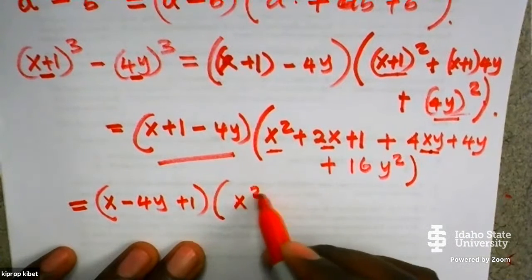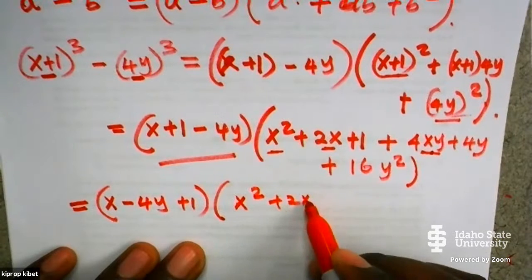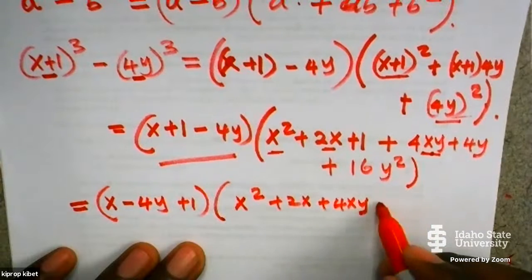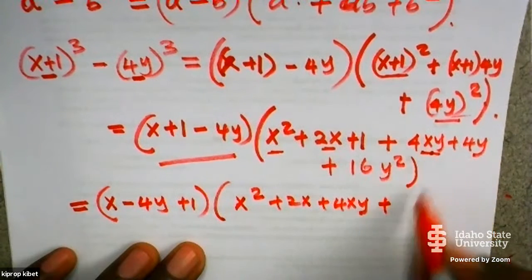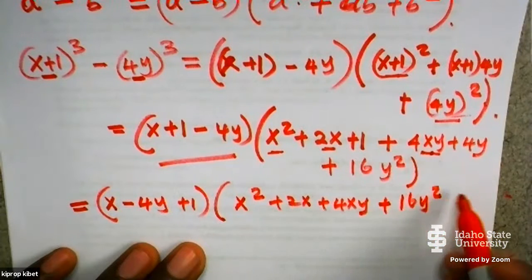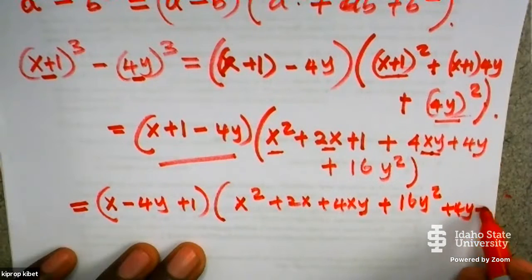So x squared plus 2x plus 4xy, and then plus 16y squared plus 4y plus 1.